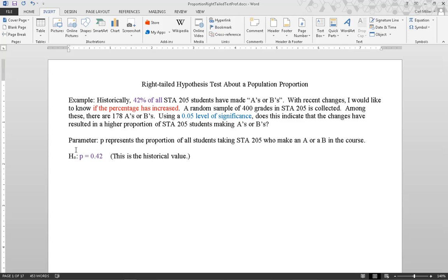This is the historical value given in the example. Next, the alternative hypothesis is what I want to know if the data supports. In this case, I want to know if the percentage has increased. So as a proportion, that would be that P is greater than 0.42.